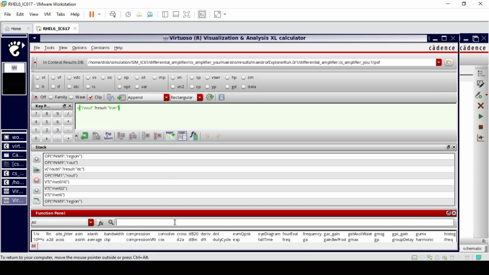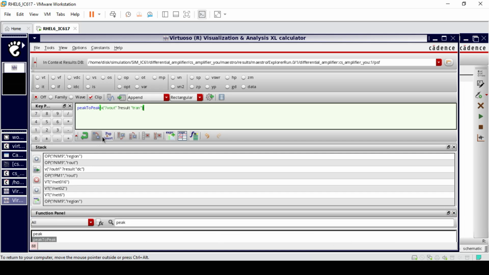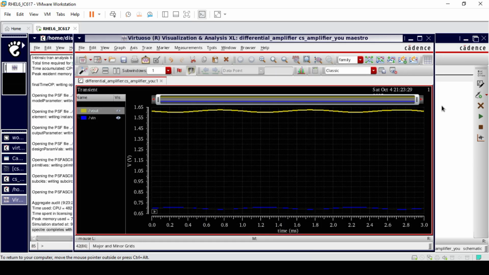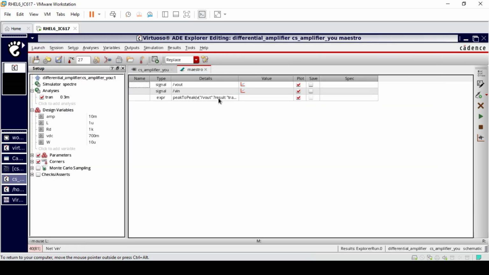In the calculator, I have the function named peak to peak. So the peak to peak of the V output will be calculated here. Let me send. In a similar way, it will be sent to the ADE window, where you can see the peak to peak of V output measured as an expression.